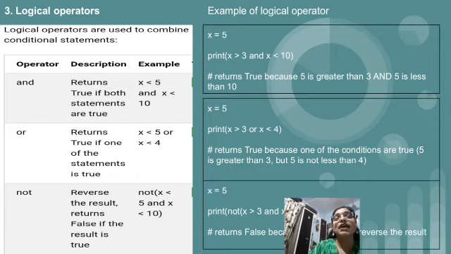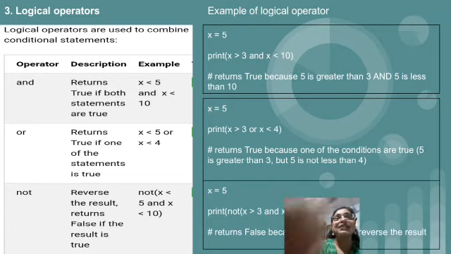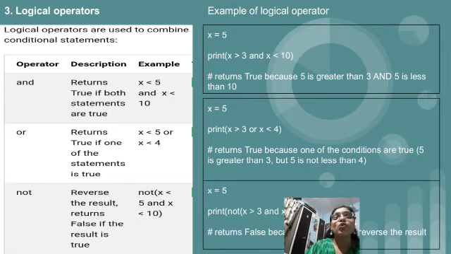After that, we have taken x equal to 5. Print not x greater than 3 and x less than 10. So in this condition, we don't want x greater than 3 and x less than 10 to be true. But in this case we have x as 5.